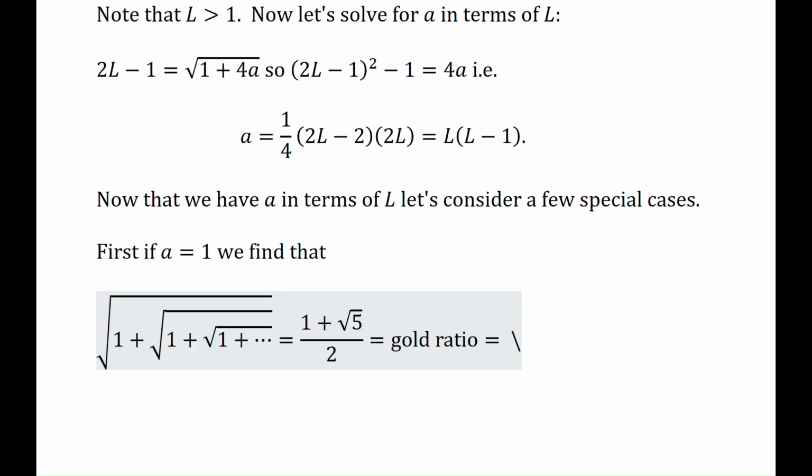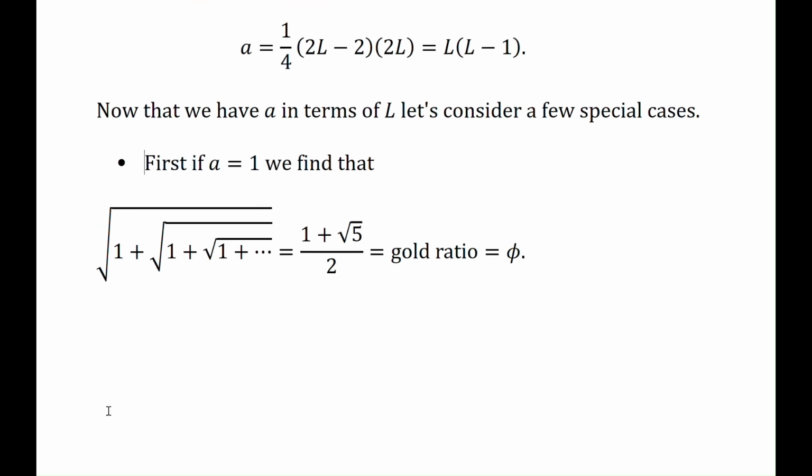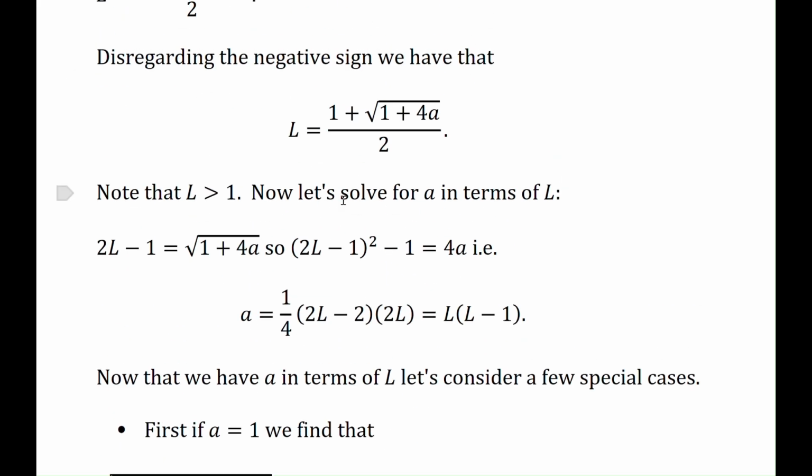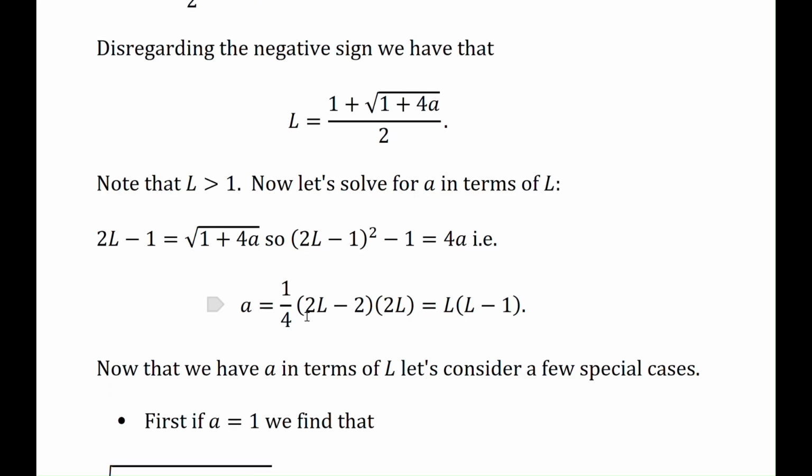Sometimes it's notated with a phi. But now, how about instead of choosing values of A, let's choose some values of L. So that was one special case. I'm just doing a few sort of special, interesting cases. So now, what do you want this limit to equal? Do you want it to equal 2? How about 2?